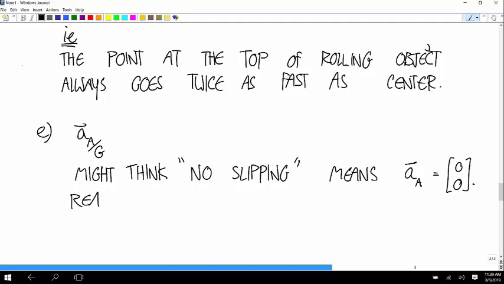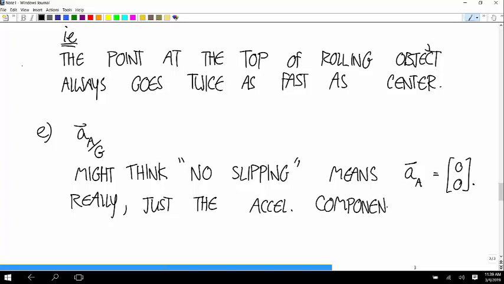Really, it just means that the part, or the component of acceleration, that's parallel to the surface is zero.